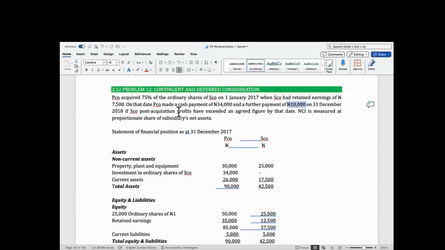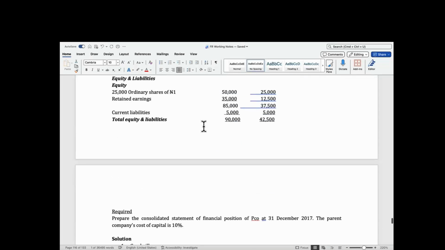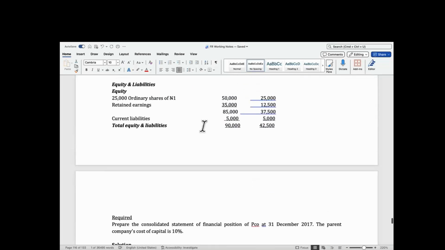NCI is measured at proportionate share of the subsidiary's net assets. They give us the statement of financial position of the two companies, and we are required to prepare the consolidated statement of financial position of PICO at 31st December 2017. The parent company's cost of capital is 10%.